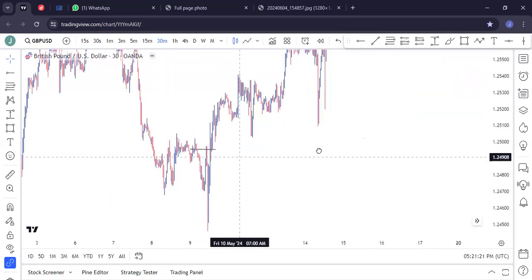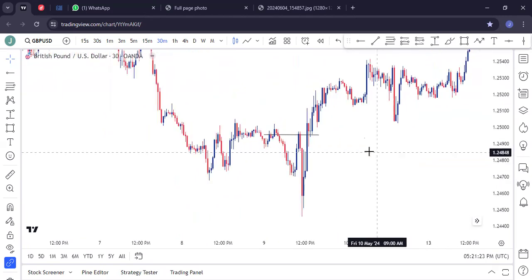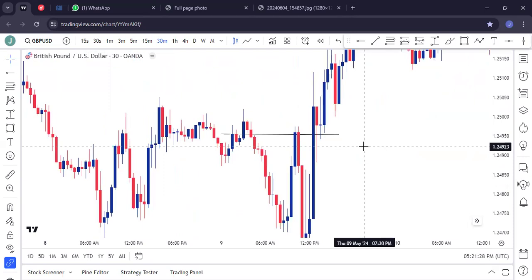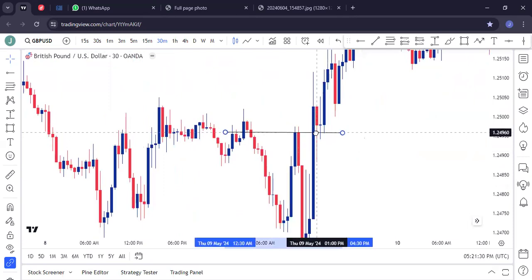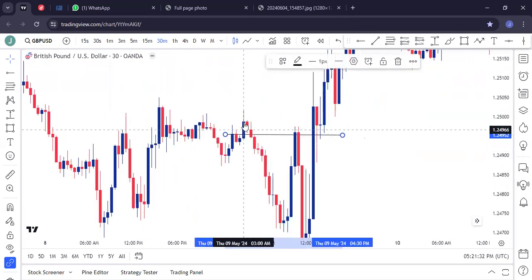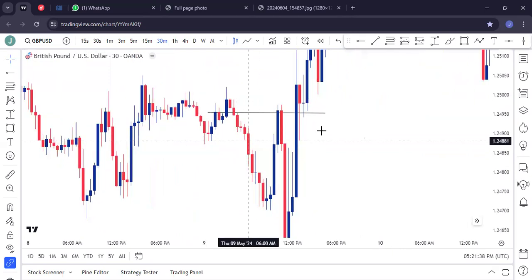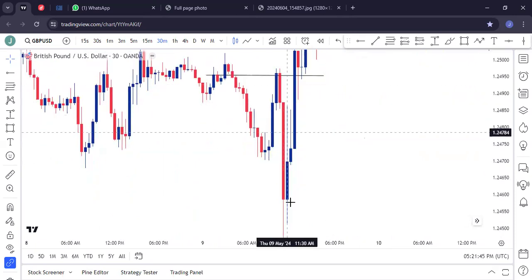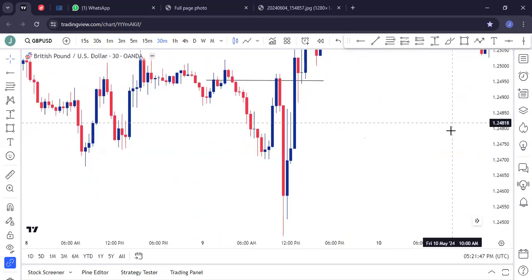So another example, as you can see here. The market breaks the structure above, then changes the character. So you can find a scenario like this, where the market takes the liquidity engineering and actually goes until the take profit.